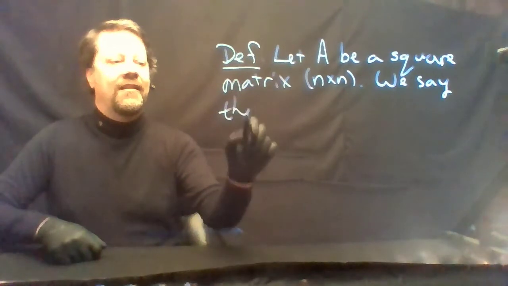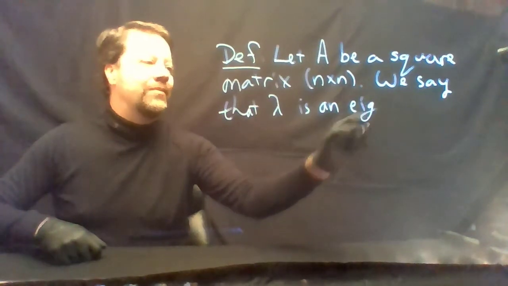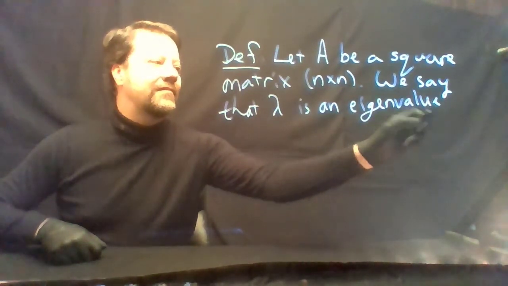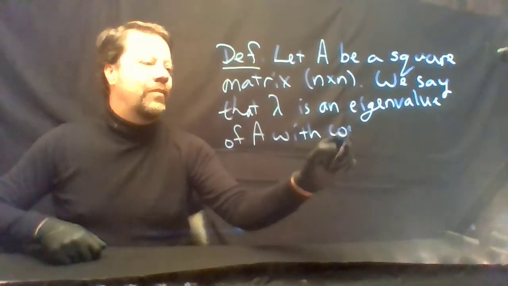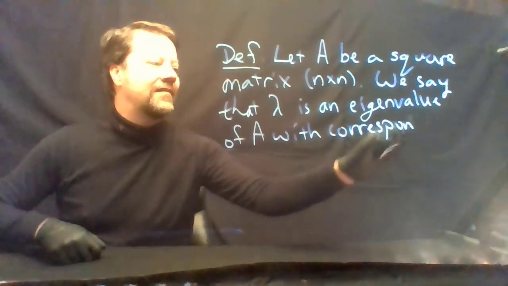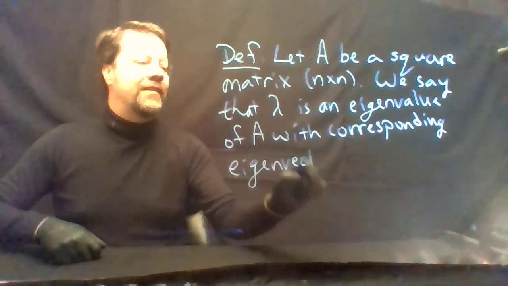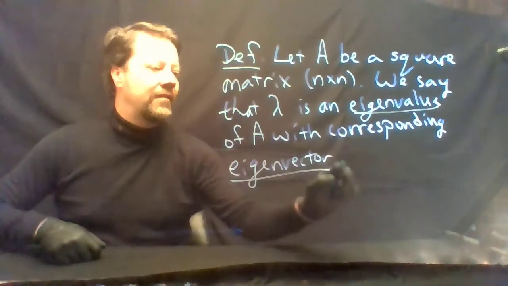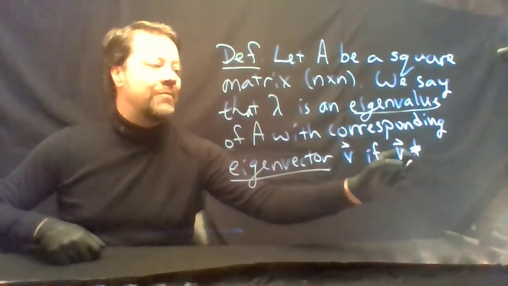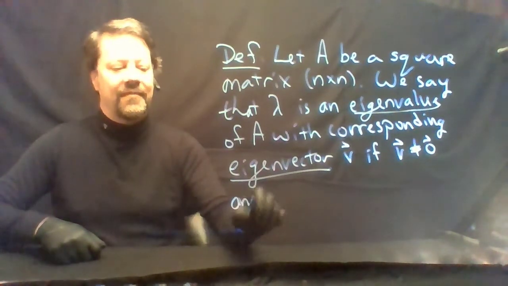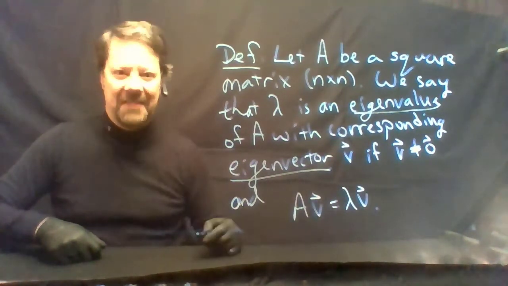We say that lambda is an eigenvalue of A with corresponding eigenvector v if, first of all, v is not permitted to be the zero vector, and Av equals lambda v.